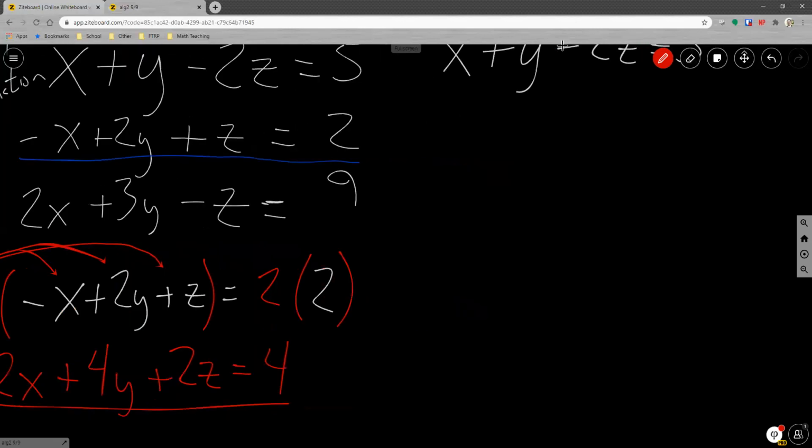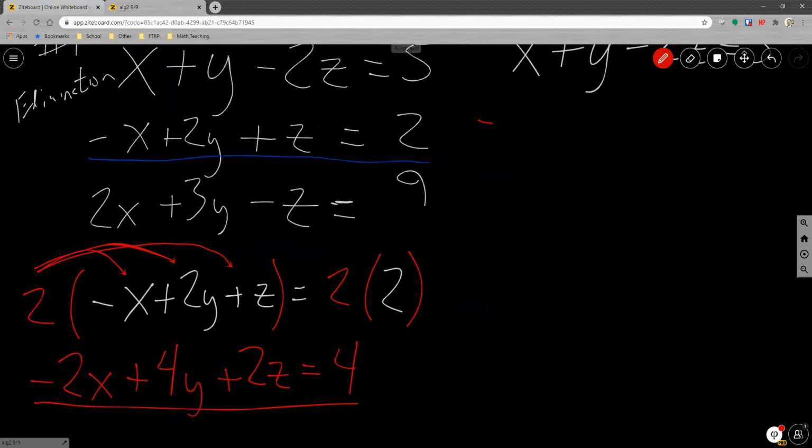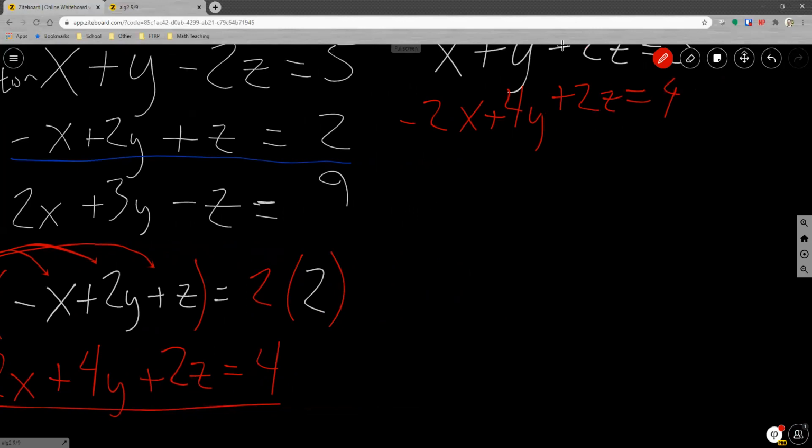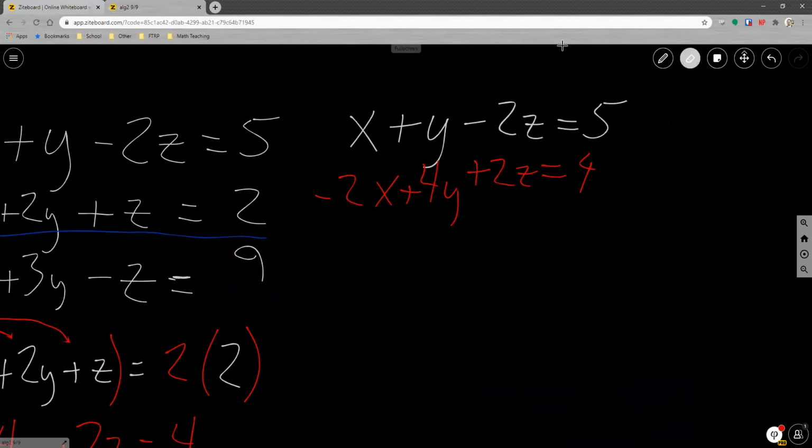I'm going to take this new equation and just place it right below equation 1 over here on the right. That's a 4. And then what I'm going to do is I'm just going to add these 2 equations.